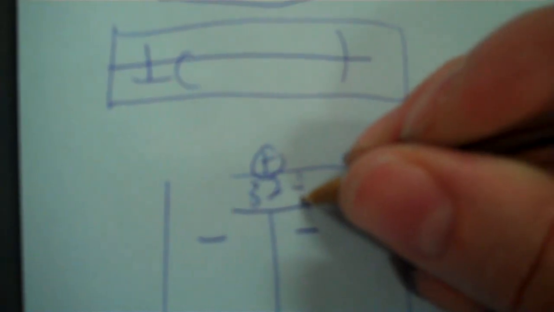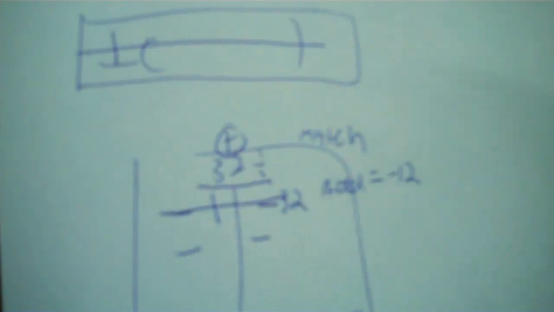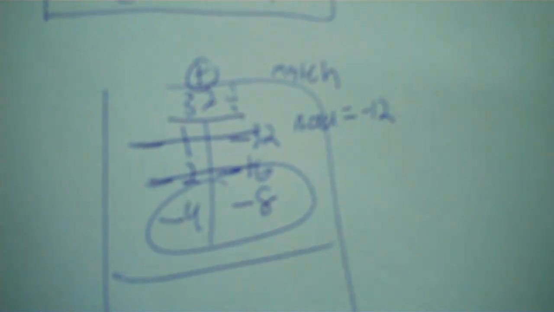Just put 2 signs that match, and we need to add to try to come to negative 12. 1 and 32, nope. 32 divided by 2 is 16, that's negative 18. 32 divided by 3 is a decimal. If you get a decimal, skip it. 32 divided by 4, 4 and 8. You're not using the quadratic formula. So you add those and that's it.